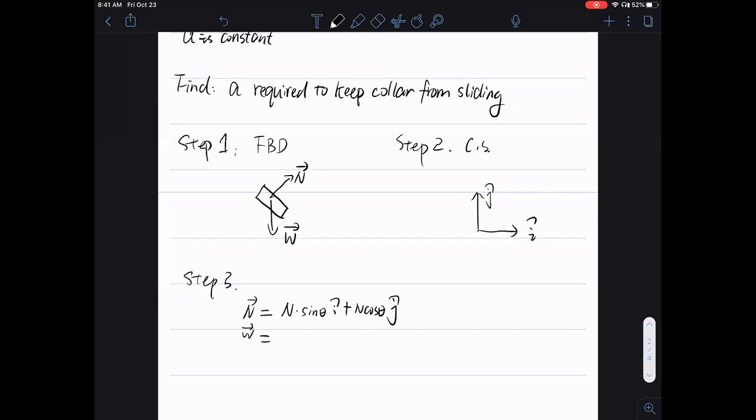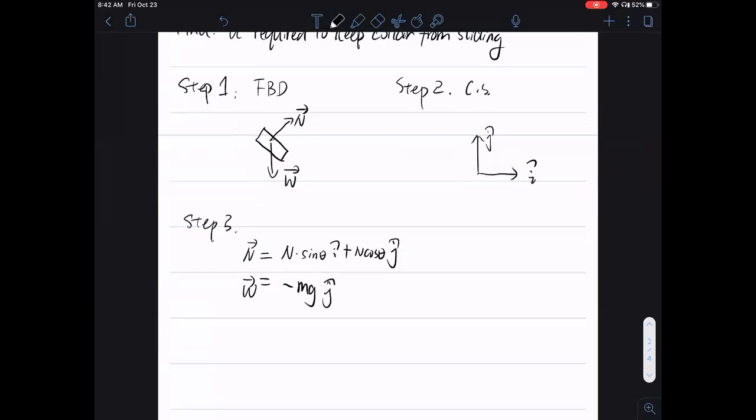Your weight force is pretty easy, straight down, which is negative mg J. That's step 3.